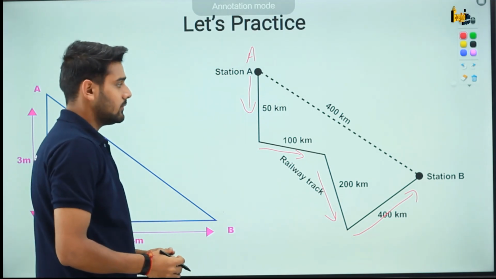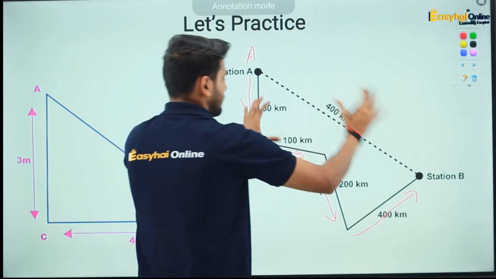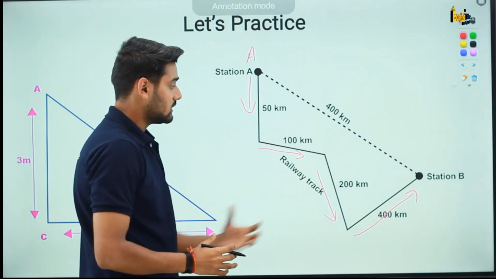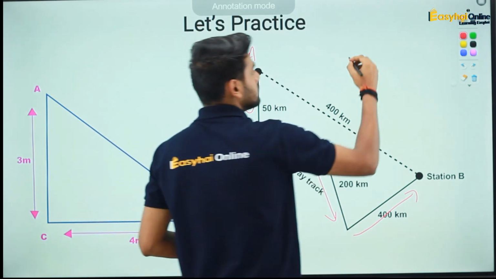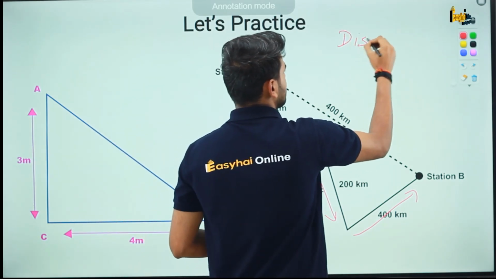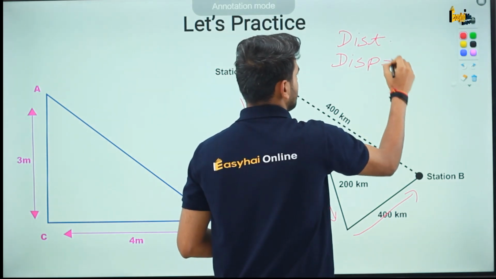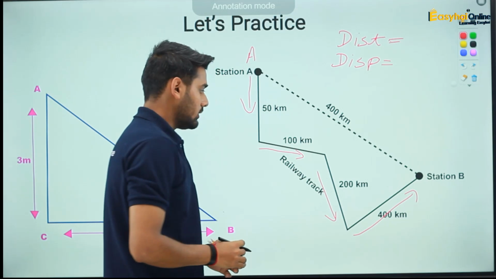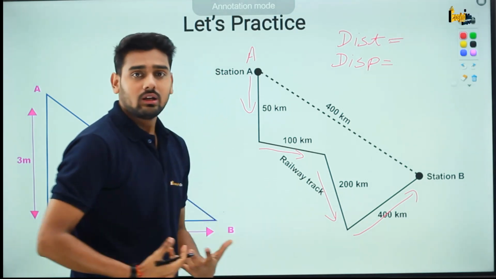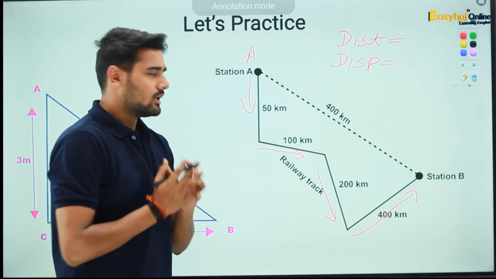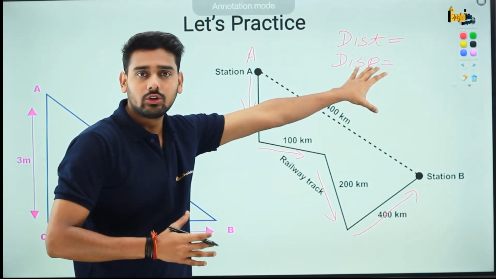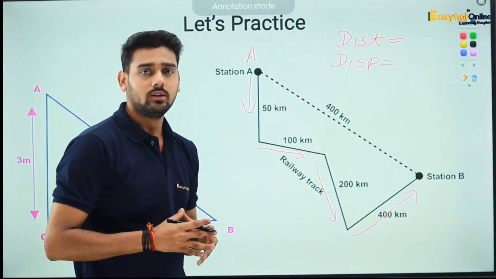Here the figures and distances are given to you, and the simple question is you need to calculate first of all the distance as well as the displacement in both the cases. Before I give you the answer, pause the video, write both of these quantities down in your notebook and later on you can match it with me.